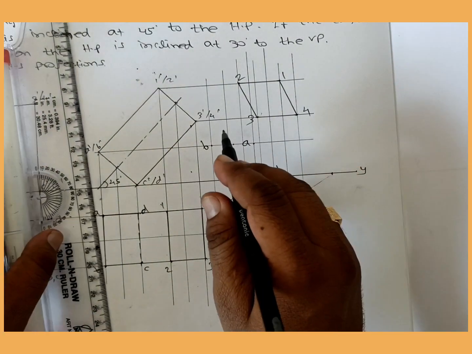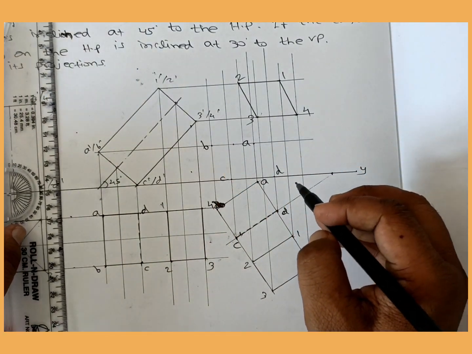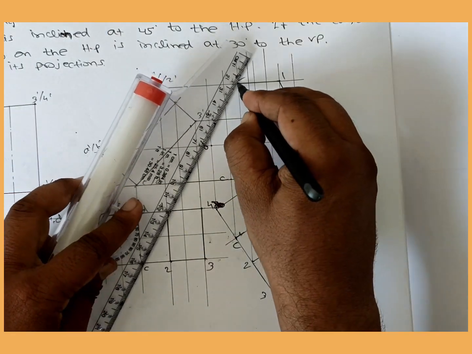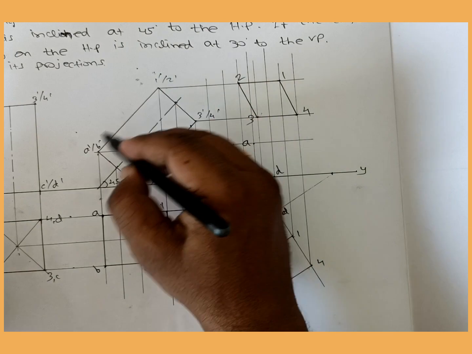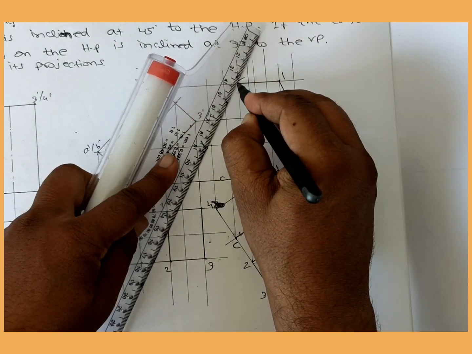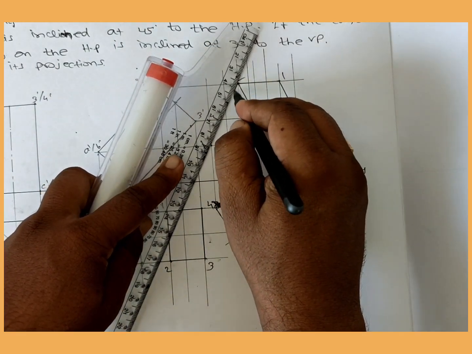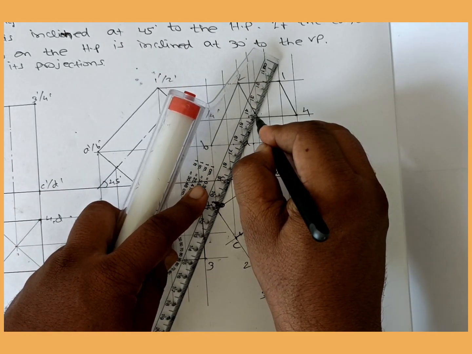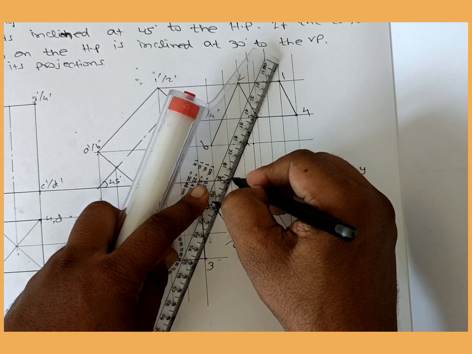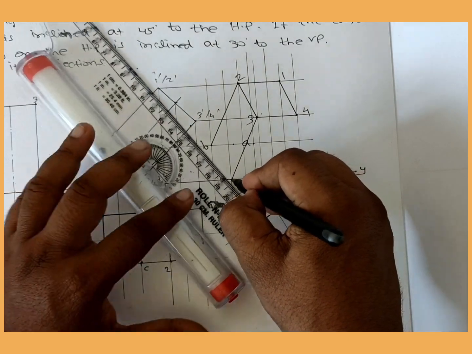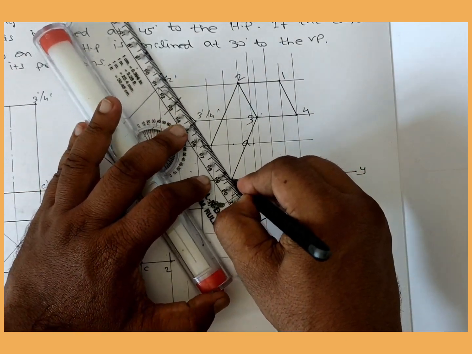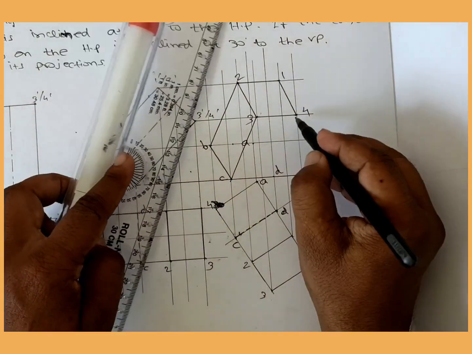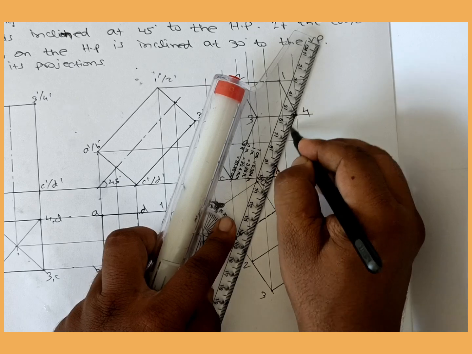Okay, so here we can see 2 to B we have to join. 3 to C. And 4 to D we have to join.